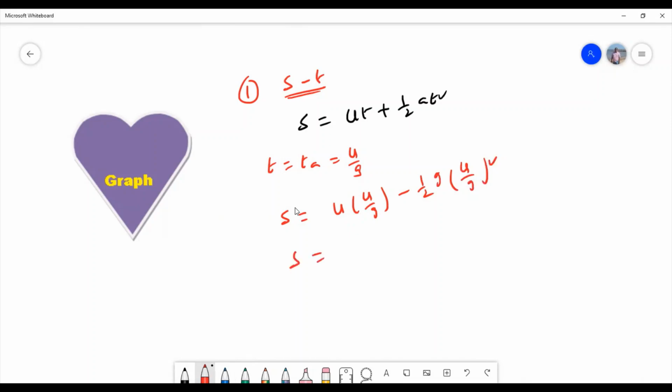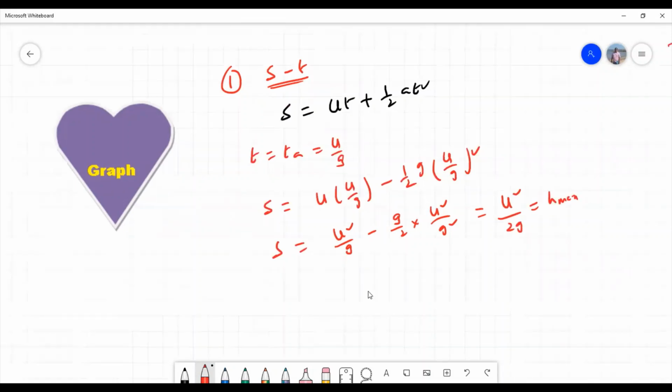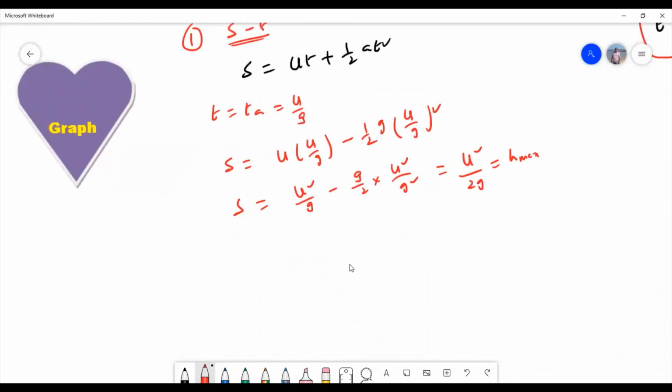So s is equal to u square by g minus g by 2 into u square by g square. If you look, g cancels, this becomes u square by 2g, which is nothing but maximum height. When the time is time of ascent, distance traveled is h maximum.